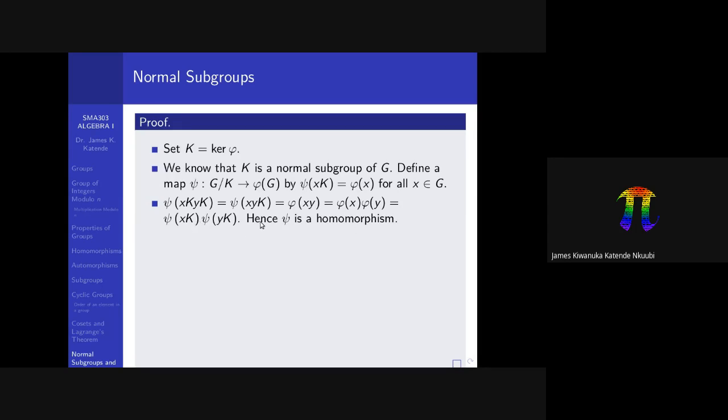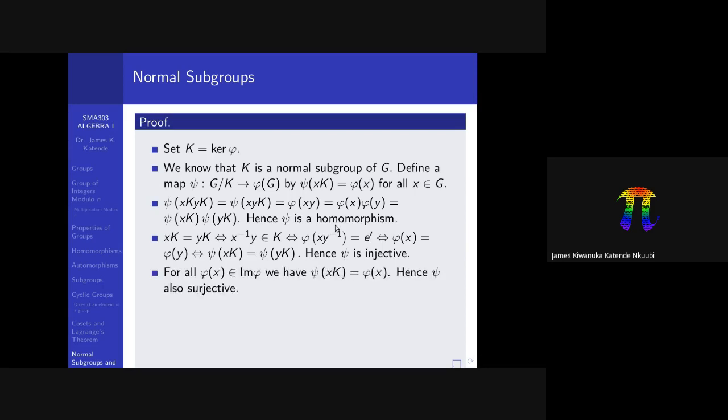So we confirm that this map is a homomorphism. What's left is to check that it is surjective and injective as well. To check if it is injective, or one-to-one, if xK is equal to yK, this will be equivalent to something we can show.